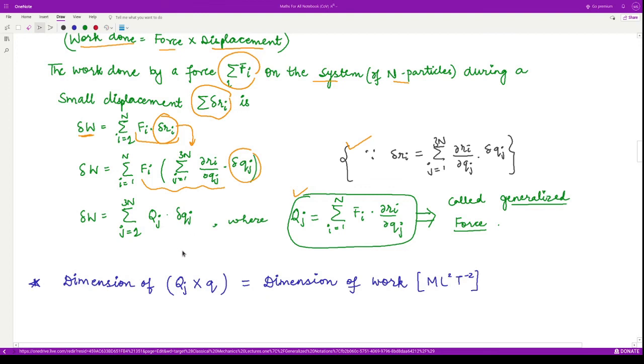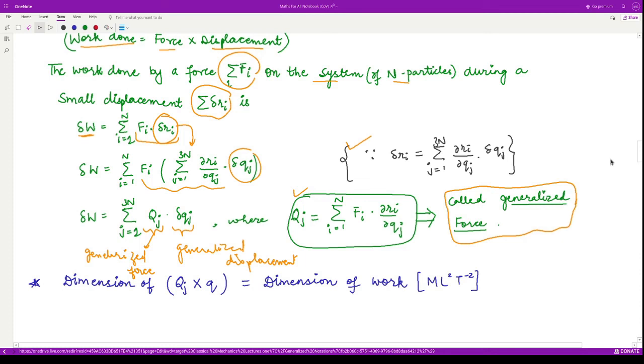This is the generalized displacement. And this Q_j, defined by summation i varying from 1 to n of F_i del R_i by del q_j, is known as the generalized force.